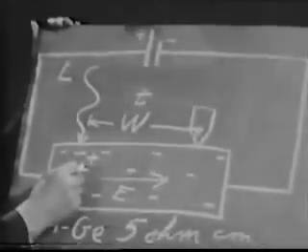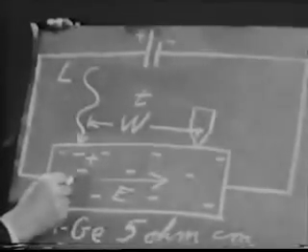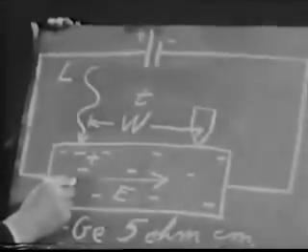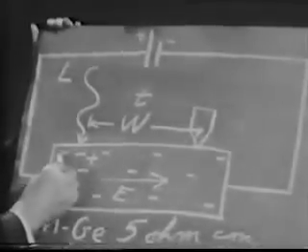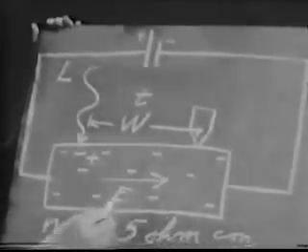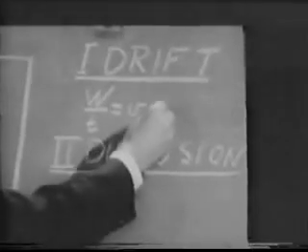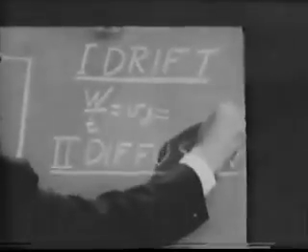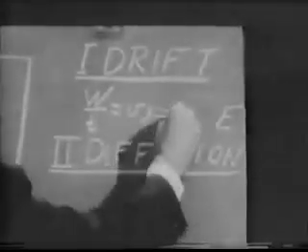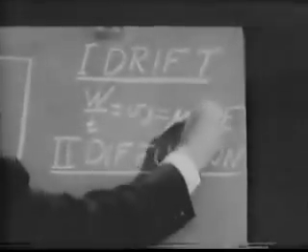We shall show first that the disturbance produced by the light does move along the rod in the direction expected for a positive charge with constant drift velocity as required by the mobility equation, namely drift velocity V sub D equals electric field E times a constant mu called the mobility, which depends on temperature.